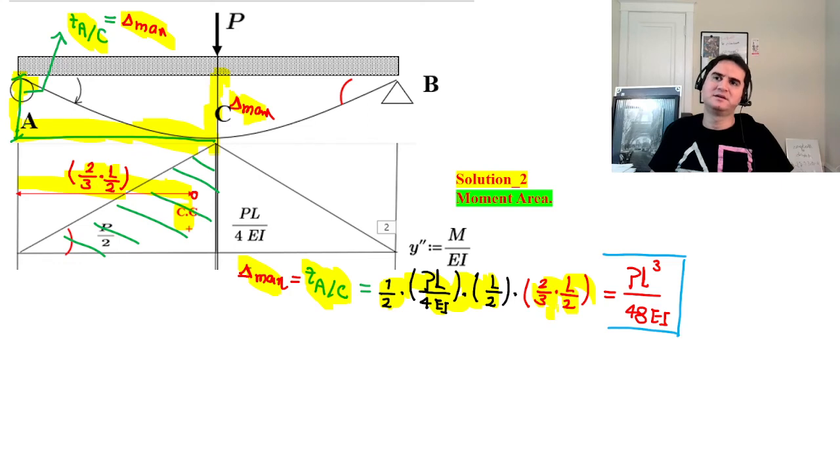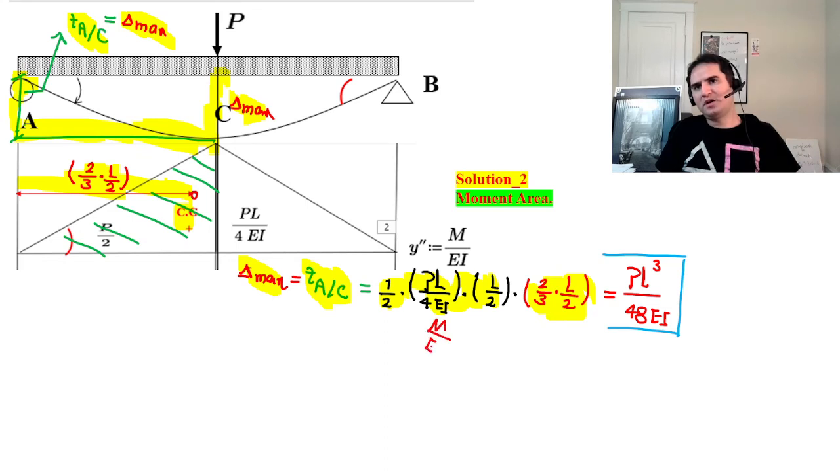That's the distance. And that's nothing but M over EI, that's the area under M over EI, which we have here.